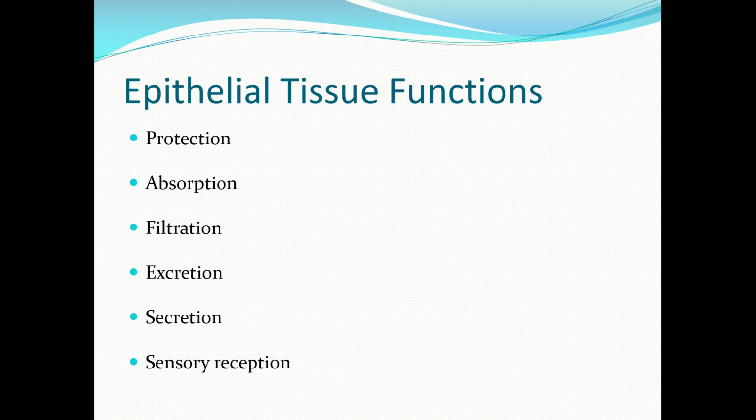Filtration uses pressure in order to push a substance from a higher pressure to a lower pressure. This is important in capillary exchange as well as glomerular exchange in the kidneys.